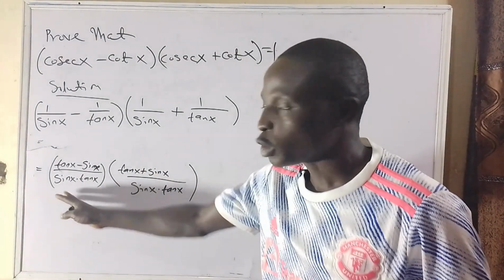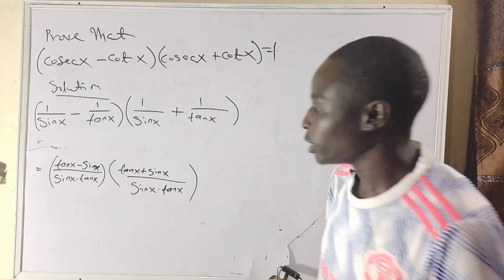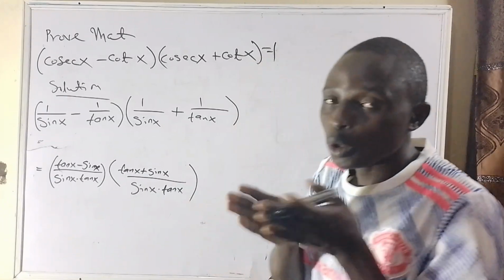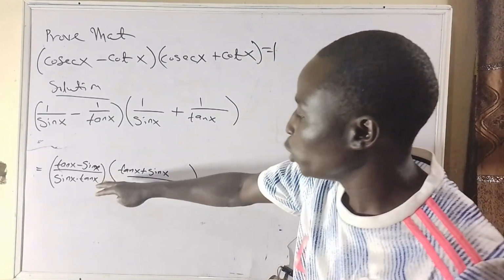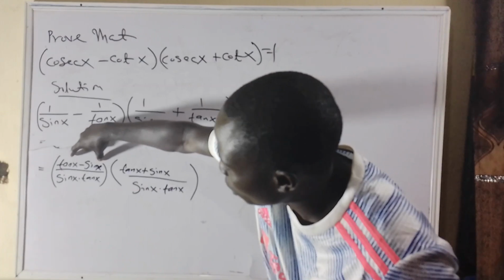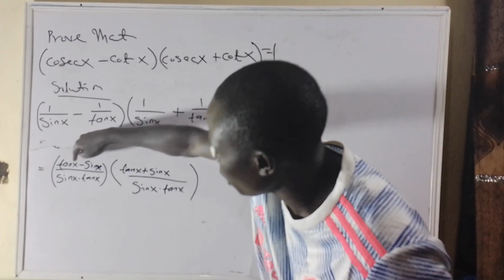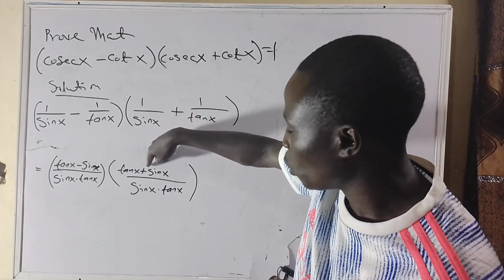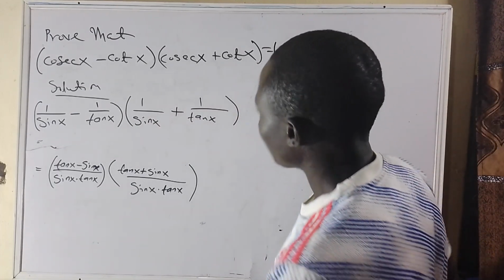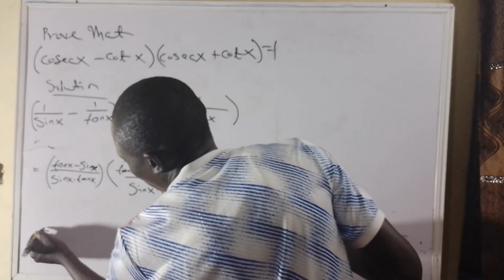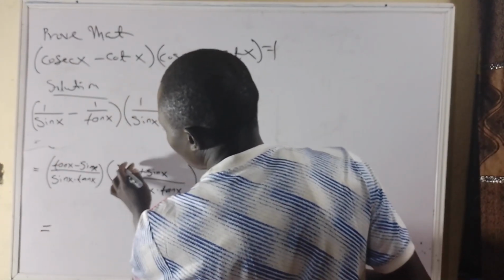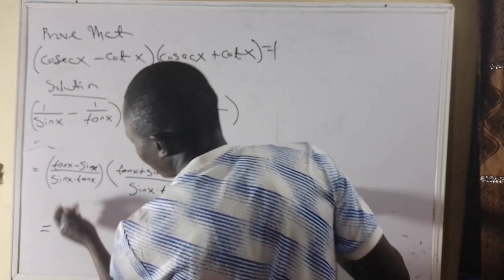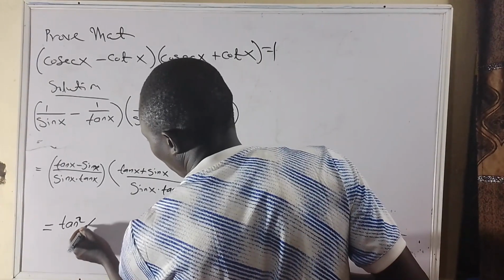So now I need to multiply. The first bracket will multiply the second bracket; numerator will multiply numerator and denominator will multiply denominator. The tan x will multiply tan x and it will multiply sin x, and this minus sin x will multiply tan x and it will also multiply this sin x in the second instance. So tan x times tan x is tan square x.